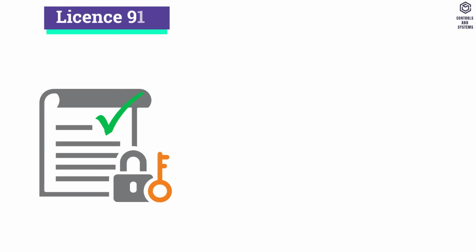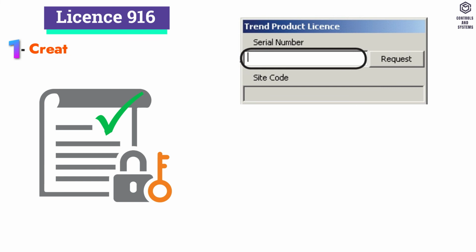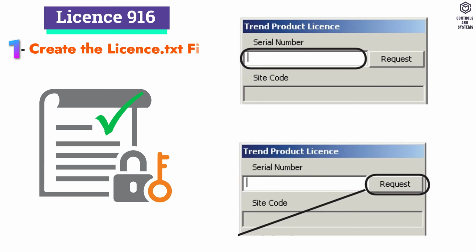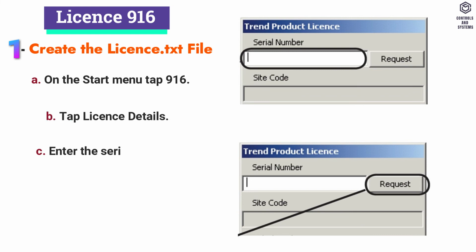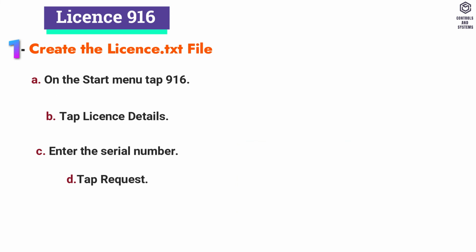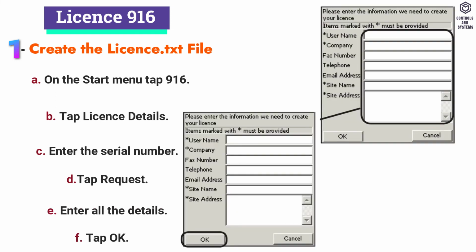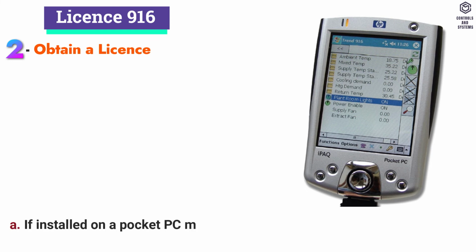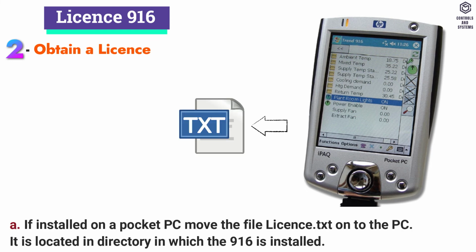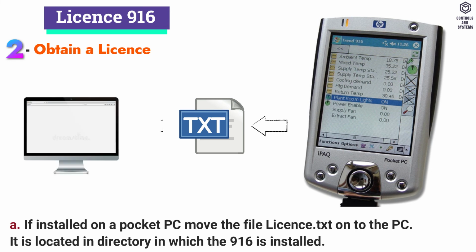License 916. Step 1. Create the license.txt file. On the Start menu click 916, click License Details, enter the serial number, click Request, enter all the details, click OK. Step 2. Obtain a license. If installed on a Pocket PC, move the file license.txt onto the PC.